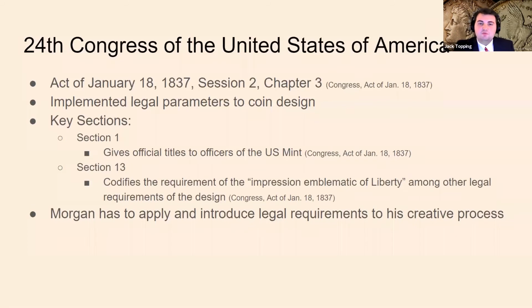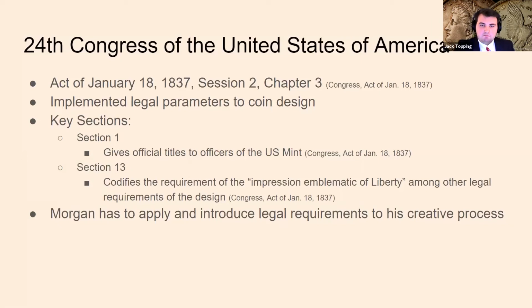It just so happens that we're focusing on Anna Williams, but if you're interested in learning more about the different types of the design, the different pattern coins, I highly recommend you read that chapter of the Comprehensive Catalog and Encyclopedia of Morgan Dollars. I only say that because some of you may already know that if you collect Morgan Dollars, but for those of you who don't, that is a great resource like I'm citing here in this presentation.